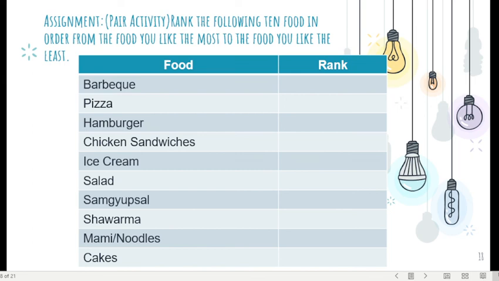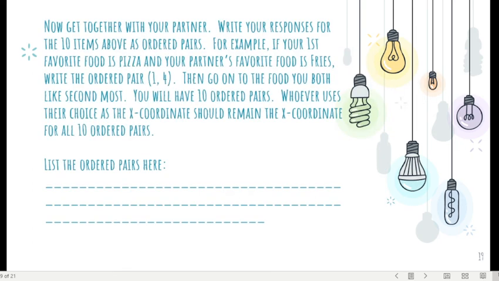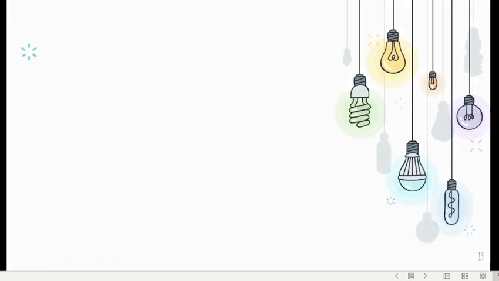Why is it a pair activity? This is the instruction. Get together through any online platform that is most convenient to use with your partner. Write your responses for the 10 items above as ordered pairs. For example, the first item is barbecue.